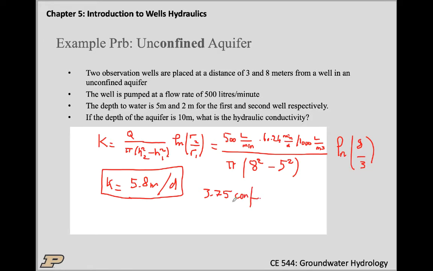Right? So again, for exactly the same pumping rate, exactly everything the same, you see that we need more hydraulic conductivity in the formation for the unconfined case than the confined case. Okay. All right.